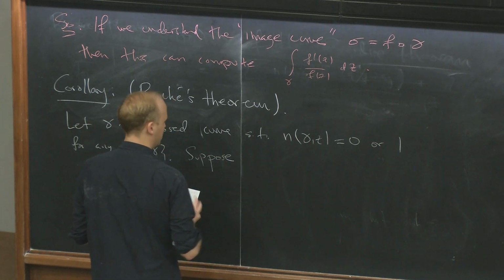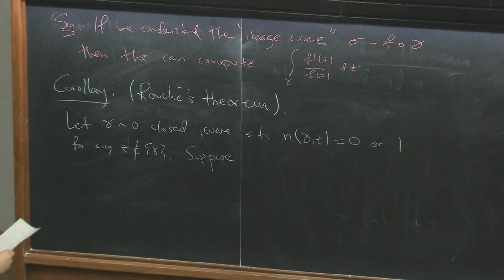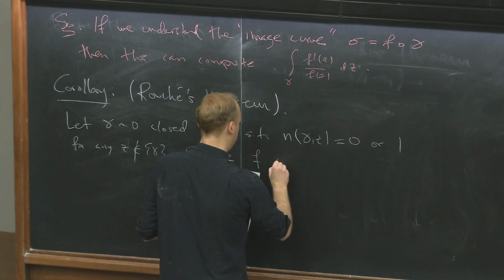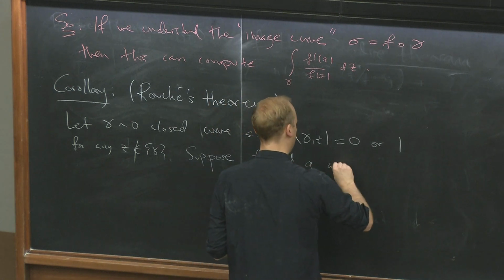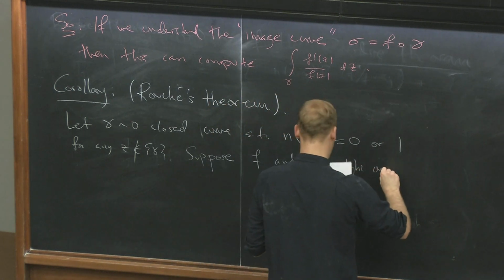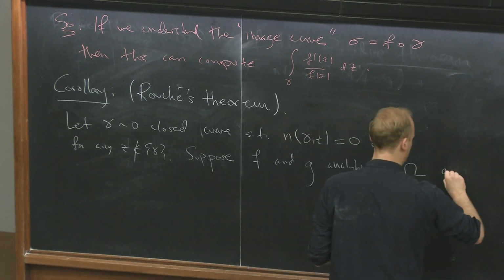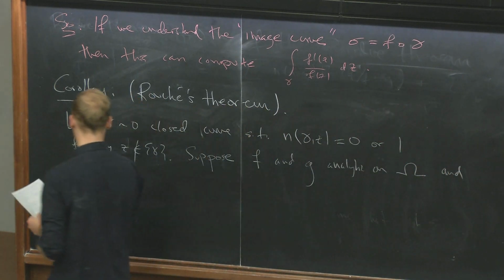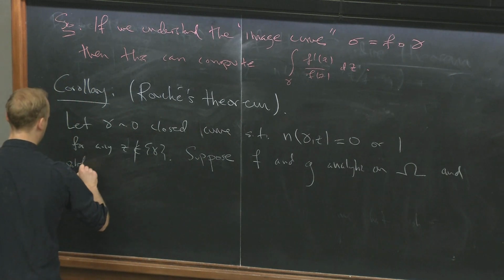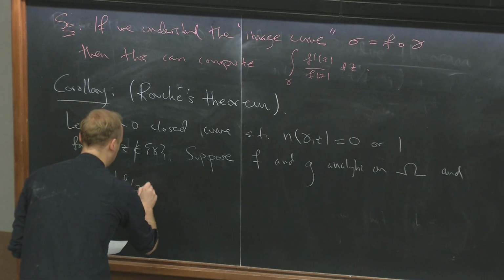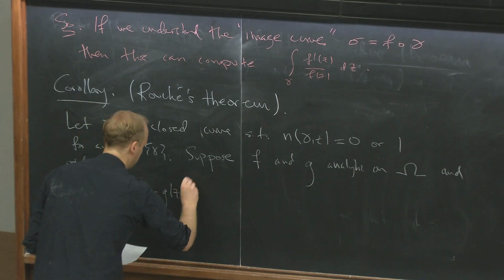And now Rouché's theorem is about comparing the number of zeros of two functions. So we need two functions, f and g. Suppose f and g are analytic on some omega, and assume that they satisfy some hypothesis here, which might seem strange at first, to say the least.